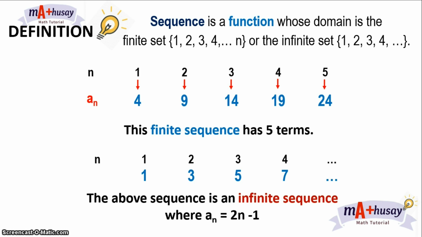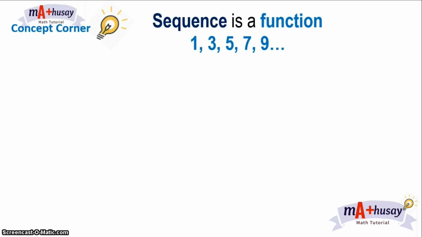So, to clearly understand a sequence as a function, let's take the sequence 1, 3, 5, 7, and 9, which is defined by the function a sub n equals 2n minus 1.